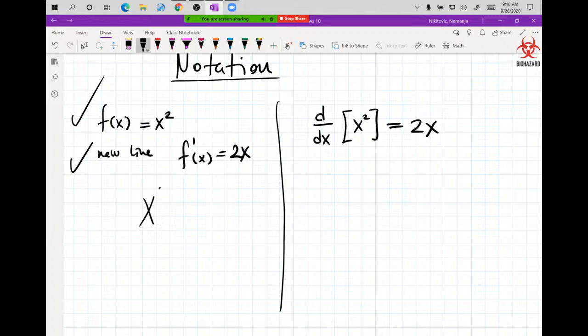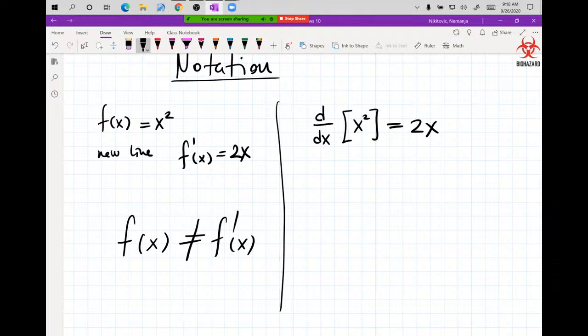You clearly cannot write this, because that will be absolute garbage. This is not true. There's a quadratic on this side and a linear on that side, so you can't say that. We have seen so far that f of x is not the same as f prime of x unless you have e to the x. That's the only case. Only if you have e to the x is that true.